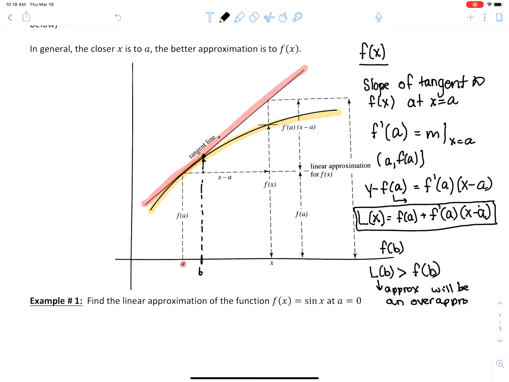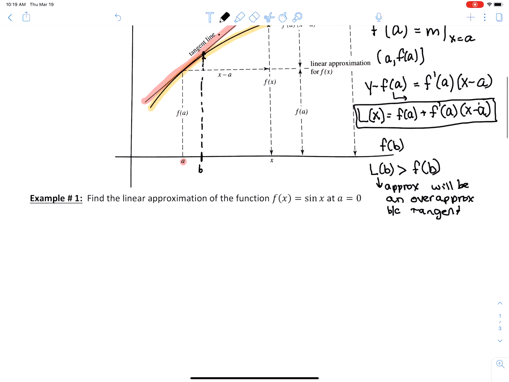If the tangent line sat below my function, then the approximation would be an under approximation for my original function. So this would be an over approximation because the tangent line sits above my function.